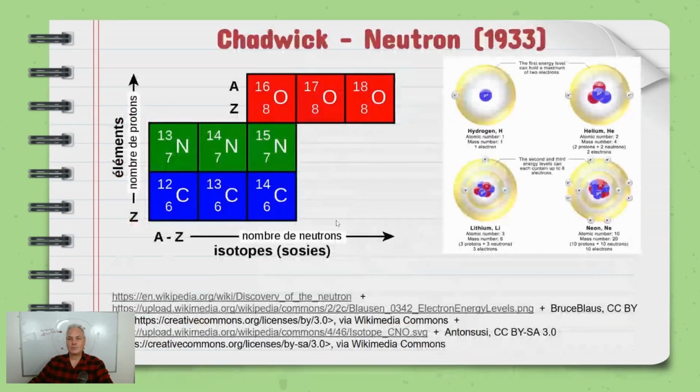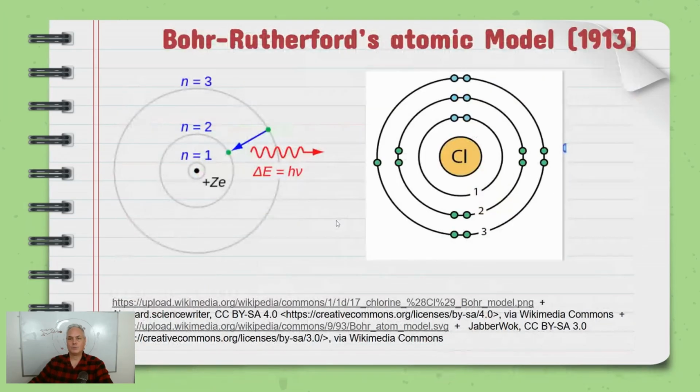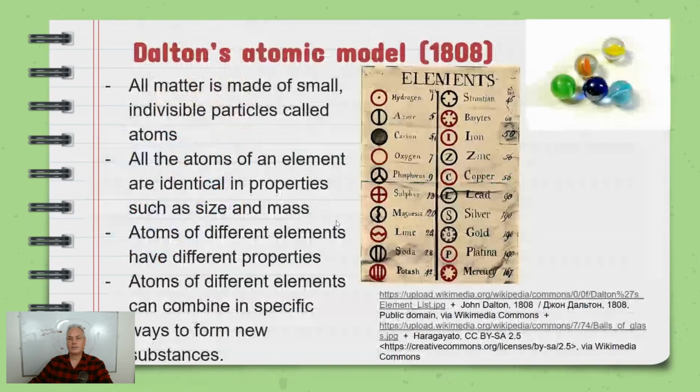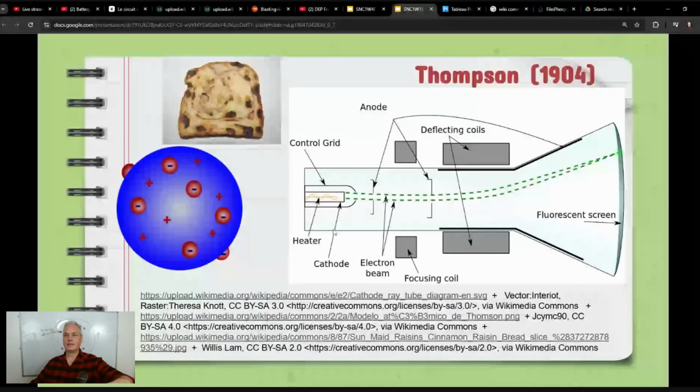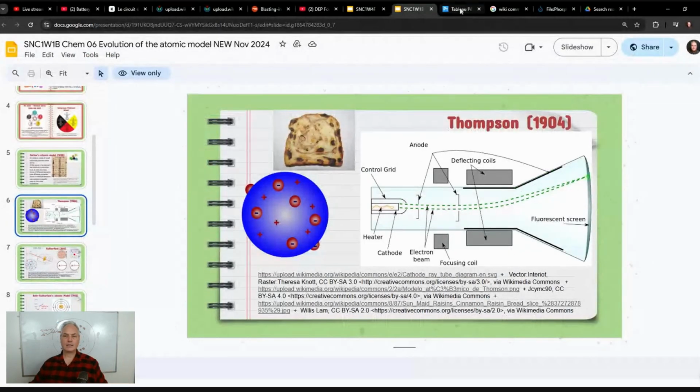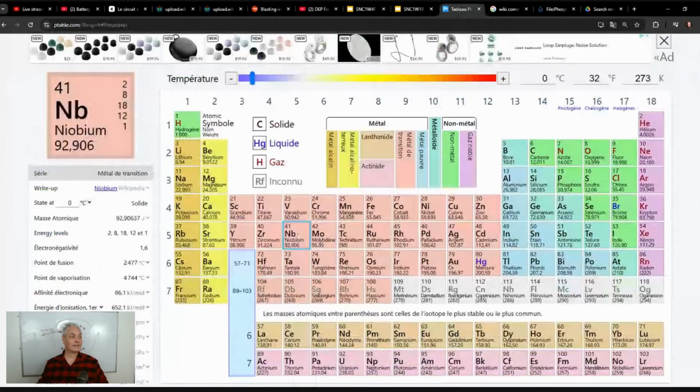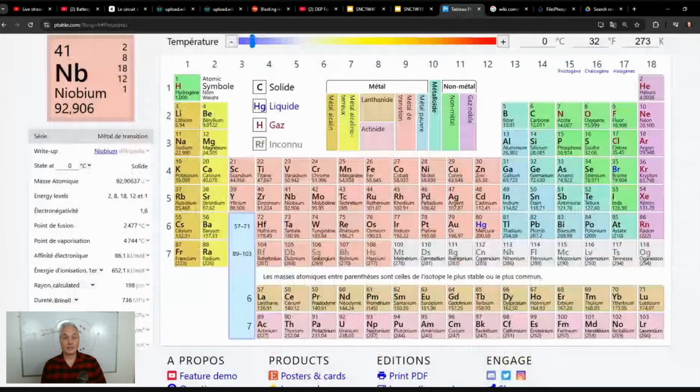Now, as I mentioned Rutherford and Thompson, I have forgotten about one person. So let's see if I can say something about this one here. If you're in science, you know about the periodic table.